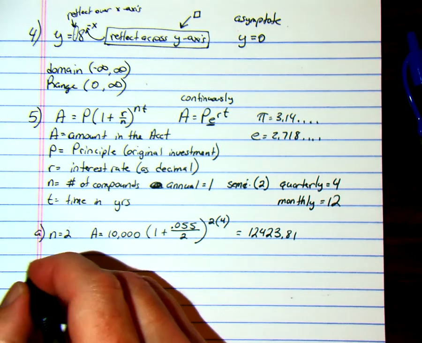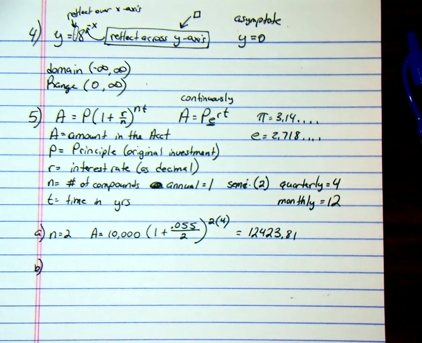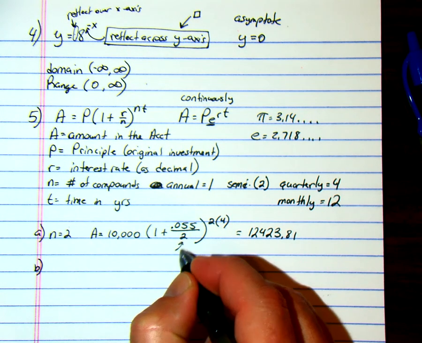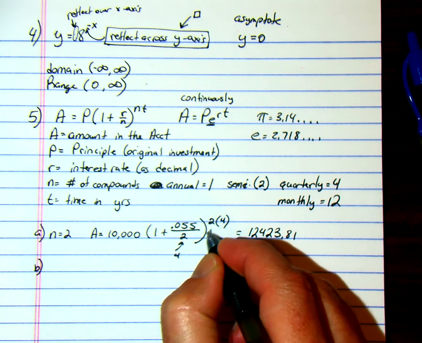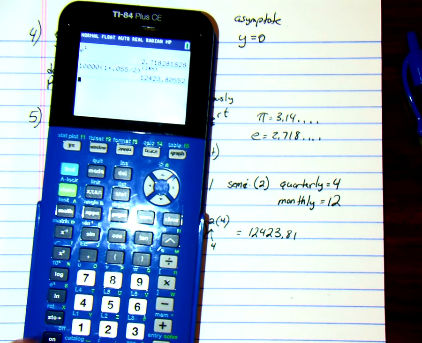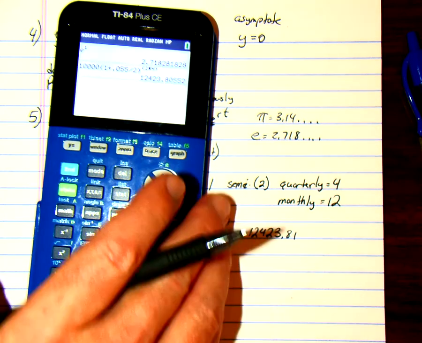Okay, part B is the same exact thing, except now it wants us to compound it quarterly. So the only difference here for part B is we're going to change this to a 4, and we're going to change this to a 4. And so in reality, we can just go back to our calculator.